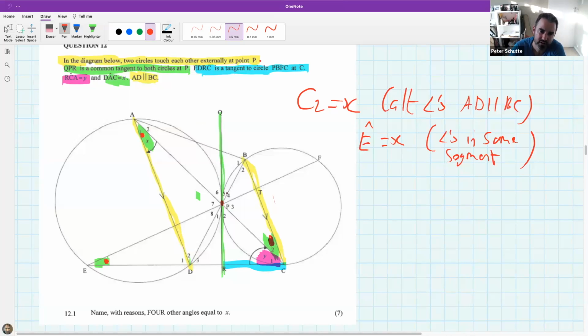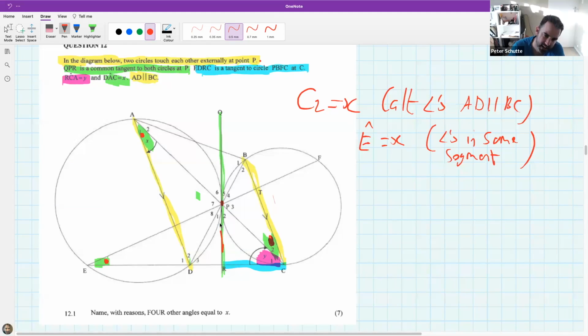Now, what is the reason going to be for P5? Let's have a look. So there's P5. I don't know, is it P5? I was thinking, I think the tangent is important. What about this? D1 maybe, or what about this?